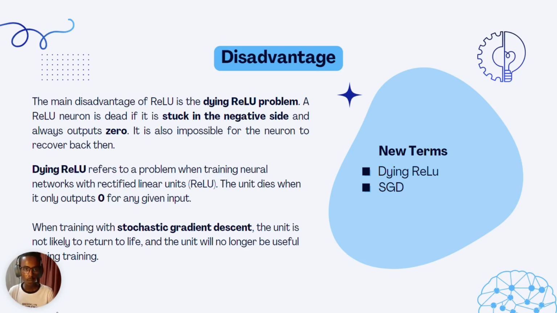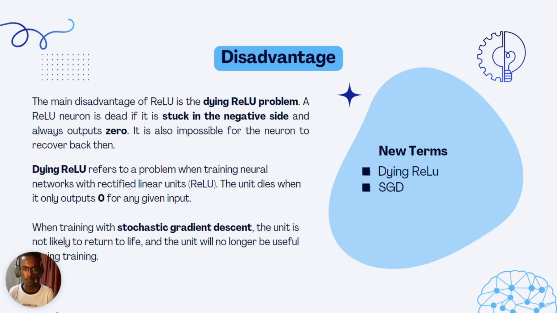When this type of problem occurs redundantly in our model, our output is going to be stuck on the negative side, and it's only going to output 0. So our model is not learning anything new. When training our model by using the stochastic gradient descent algorithm, the unit is not likely to return to life. It's not going to come back to life again and give you a different output, and it will no longer be useful during training.